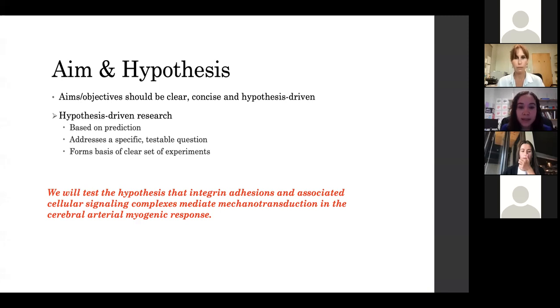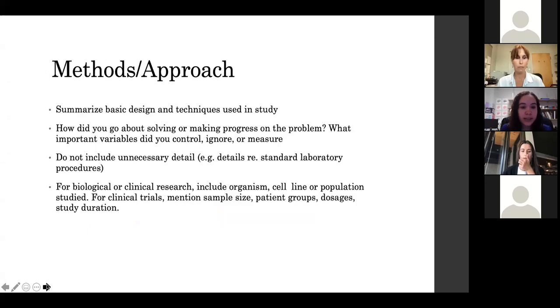In this study, we will test the hypothesis that integrin adhesions and associated cellular signaling complexes mediate mechanotransduction in the cerebral arterial myogenic response. So we can see that it's a specific and testable idea. It's not too vague or too broad.